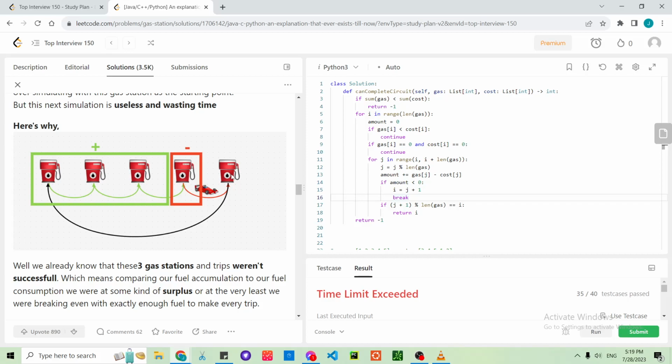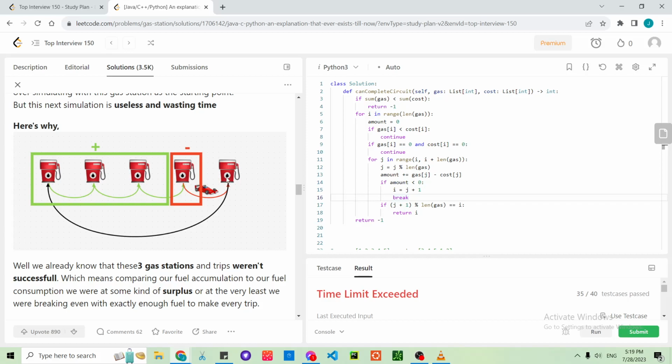Is there any case that we can start from here, go all the way to the end, and it does not work? What if, okay, so that case would be if total sum is positive, so we do have a solution, but the solution doesn't start from this one.